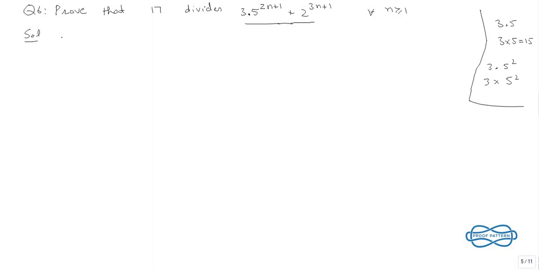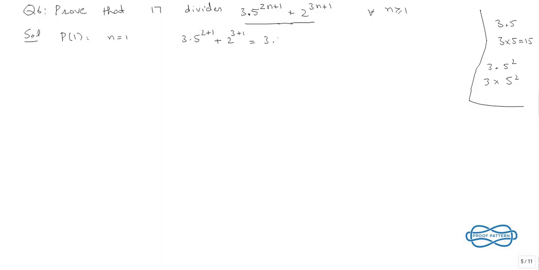So we consider P1, the condition for n is equal to 1. Instead of n we put 1, then we will get 3 into 5 to the power 2 plus 1 plus 2 to the power 3 plus 1.